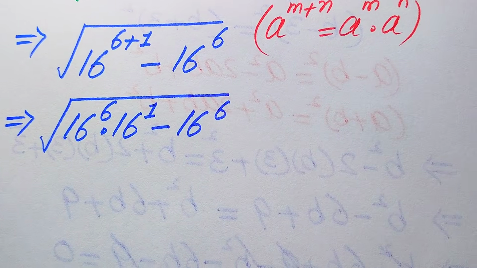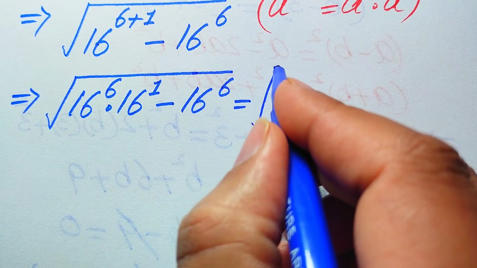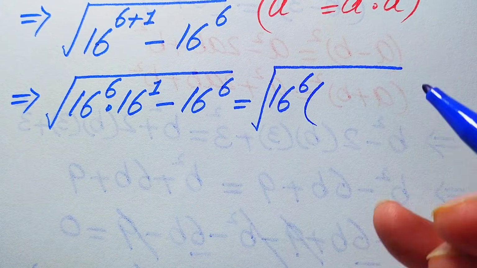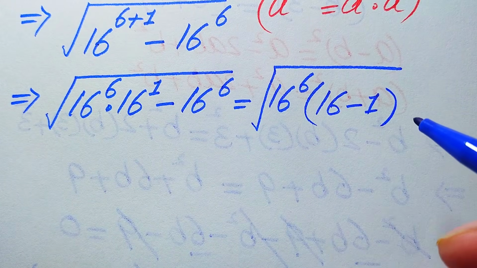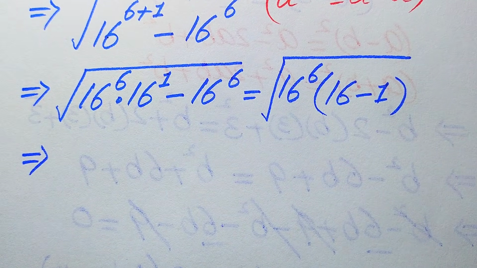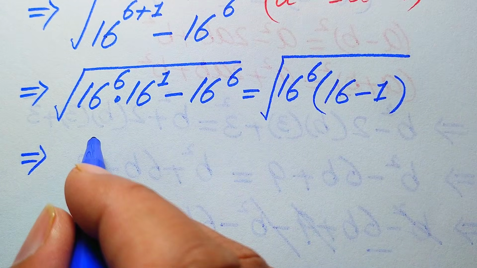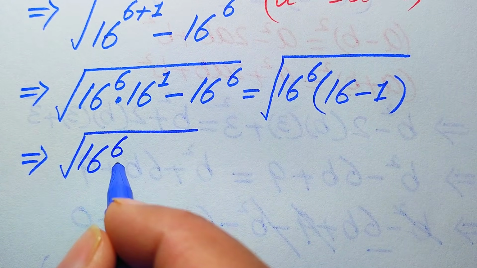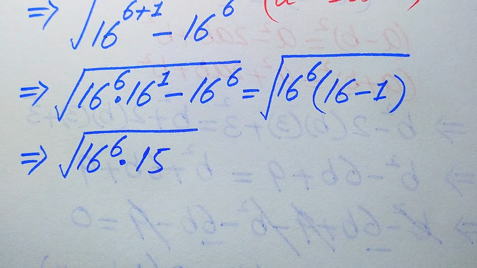Now you see inside the square root sign we have 16 to the power of 6 as the common term, so we take common 16 to the power of 6 and the remaining values are 16 minus 1. In the next step we write this into the simplified form: the square root of 16 to the power of 6 multiplied by 16 minus 1, which becomes 15.